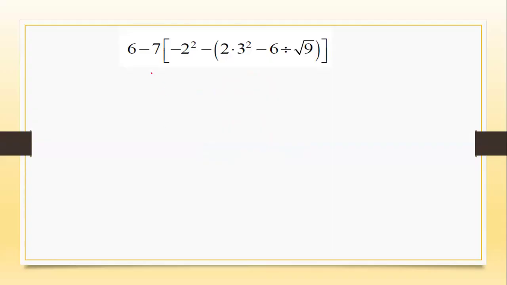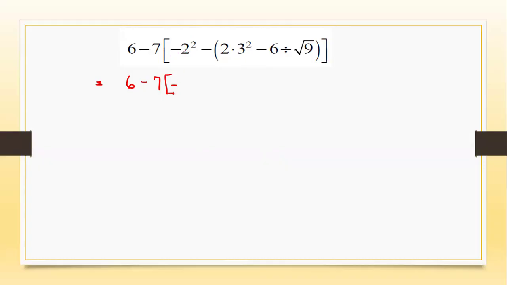6 subtract 7 open bracket, negative 2 squared minus open bracket 2 times 3 squared minus 6 divided by square root of 9, close bracket, close bracket. So we're going to work from inside out. So this is equal to, we bring down 6. We cannot touch the 7 as yet. We're going to leave the 7 alone.